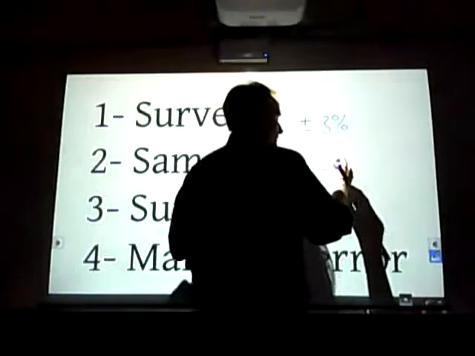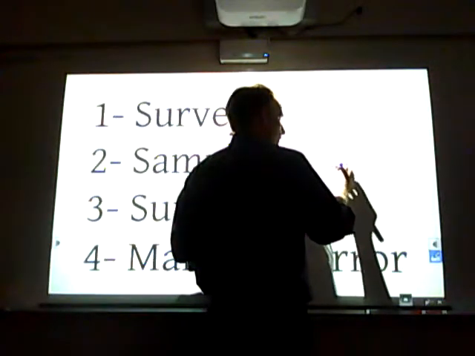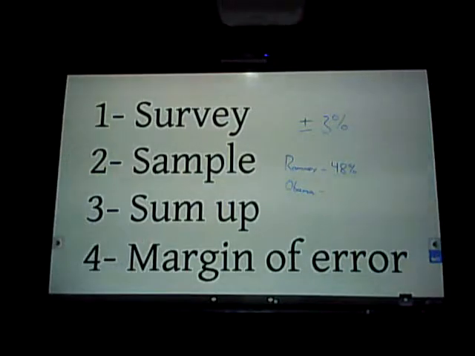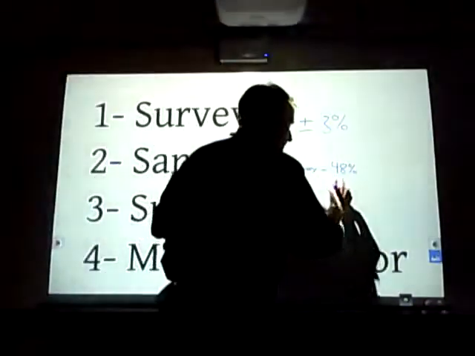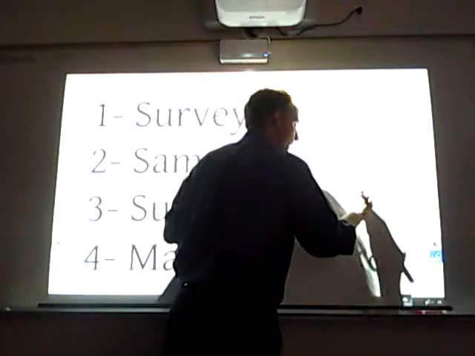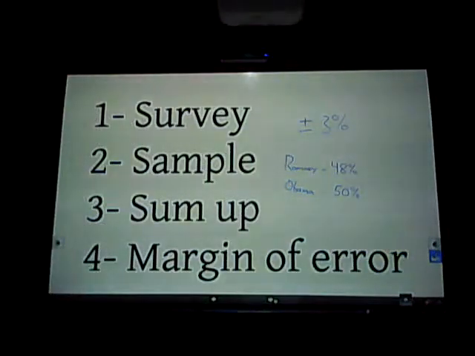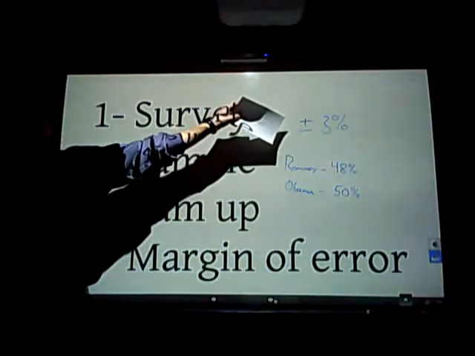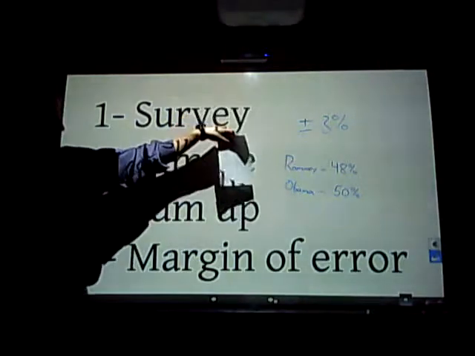And we had 48% of the people we surveyed said they're going to support Mitt Romney. 50% said they're going to support Barack Obama. First thing you'll probably notice is that that doesn't equal 100%. Okay? Because there's going to be people who aren't sure. There's undecideds.